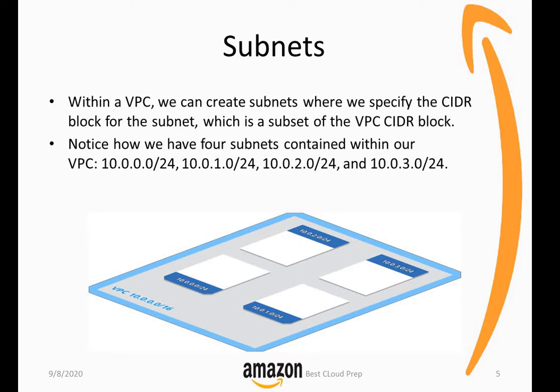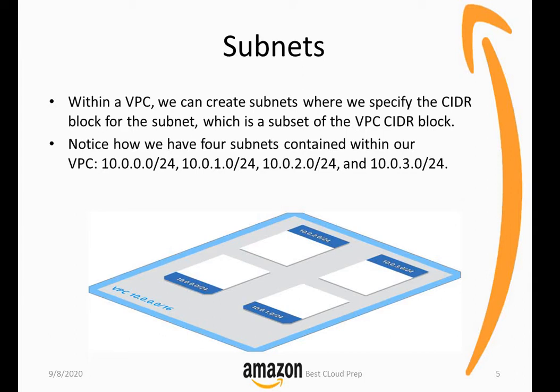Now let's look at the subnets that we are going to have. Within a VPC, we can create subnets where we specify the CIDR block for the subnet, as I mentioned earlier, which is a subset of the VPC CIDR block. So with the VPC, we have a CIDR block, and with subnets, we have CIDR blocks as well.